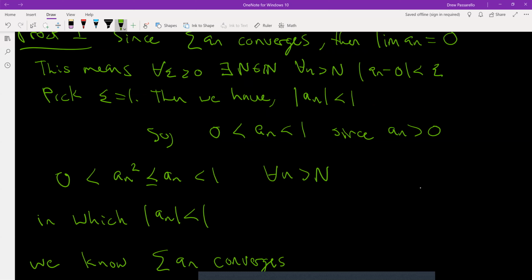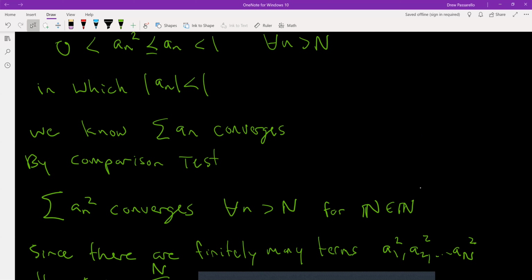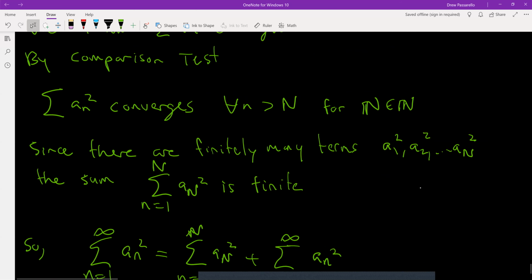All right, so we know this series a_n converges. So by comparison test, the series of a_n squared converges, and that's true for all little n bigger than capital N. Now there are finitely many terms that come before, and since there's a finite amount of terms, the sum of the a_n squares from n equals 1 to capital N is finite.